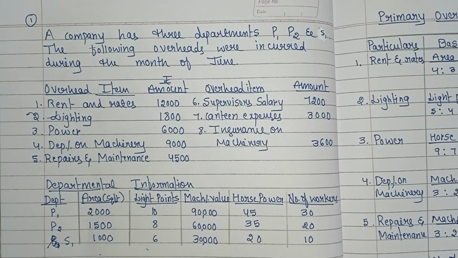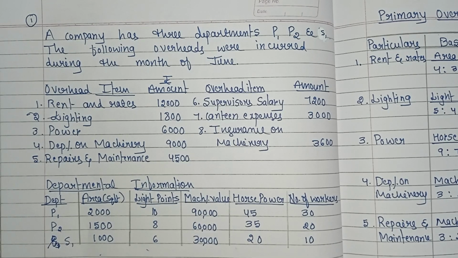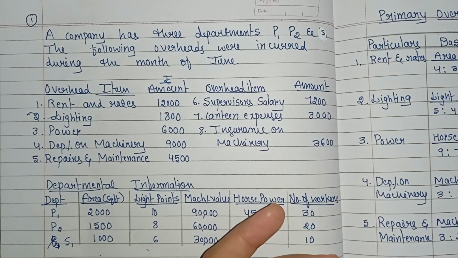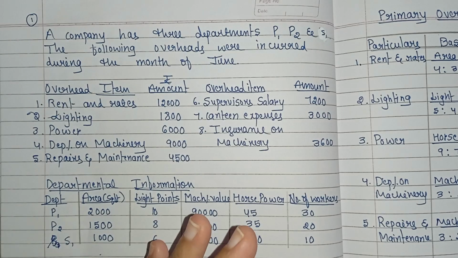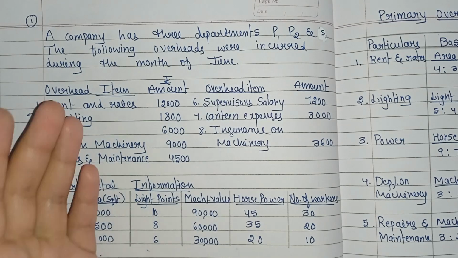Clear? Whenever you identify the suitable basis, always ask yourself the logic behind the apportionment: which department causes or consumes more of this cost.